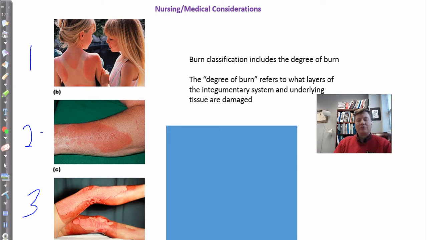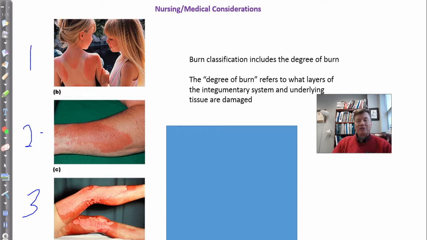a third degree burn is going to be where the epidermis got burned and the dermis got burned, and now the burn has extended all the way through those two layers, and this is referred to as a full thickness burn. Ironically, perhaps, these are not very painful burns, and you're thinking that sure looks painful, but since the nerves were damaged or destroyed in the dermis, then you typically don't sense a lot of pain with a third degree burn, even though it looks pretty bad.